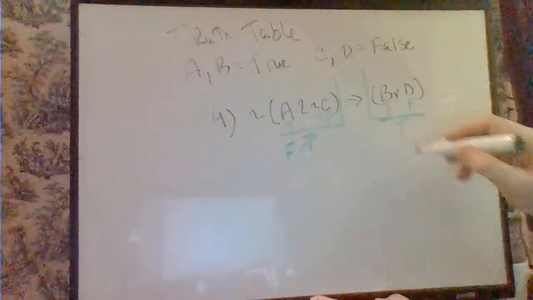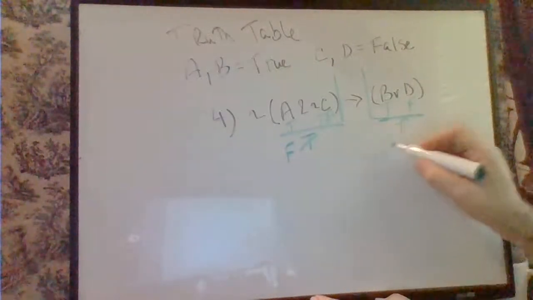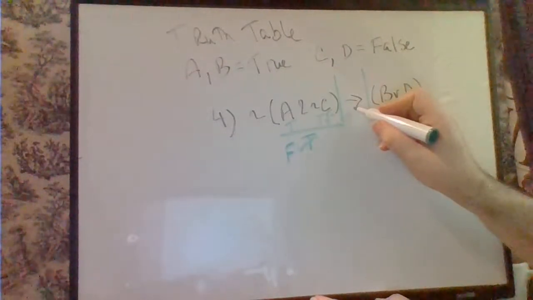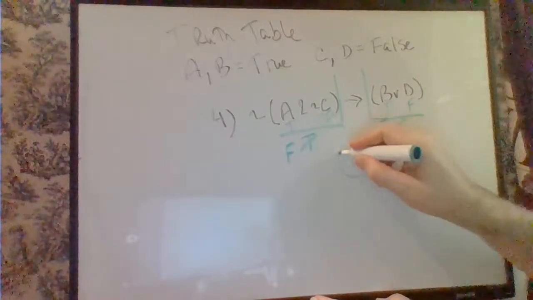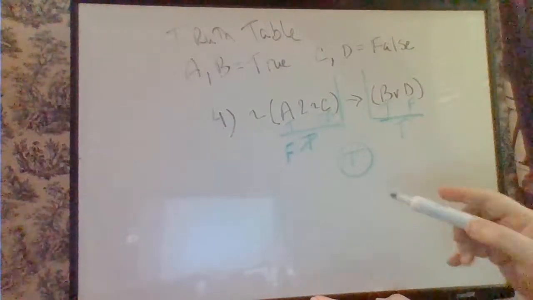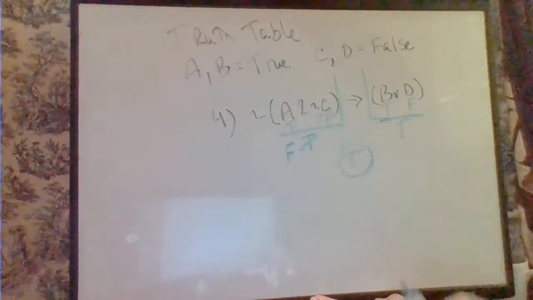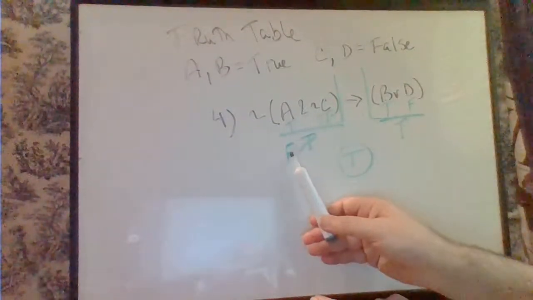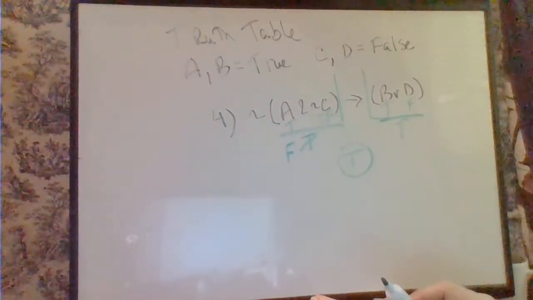The consequent works out as being true. False, true with a conditional is going to be true. Because again, the only time a conditional is ever false is when the antecedent is true and the consequent is false. If the antecedent is false, the conditional is always going to be true. Okay.